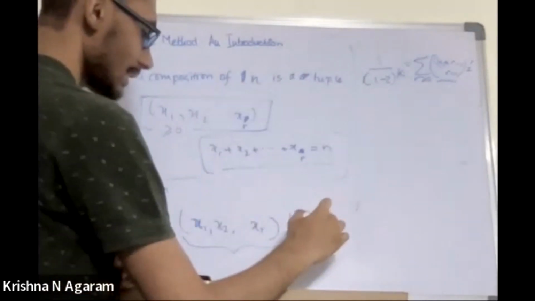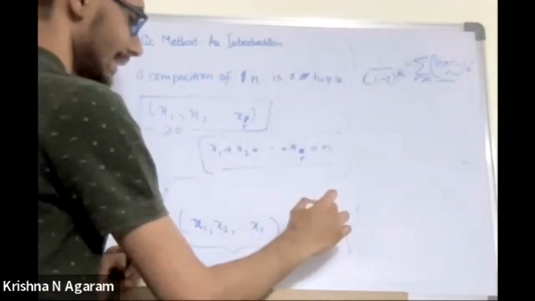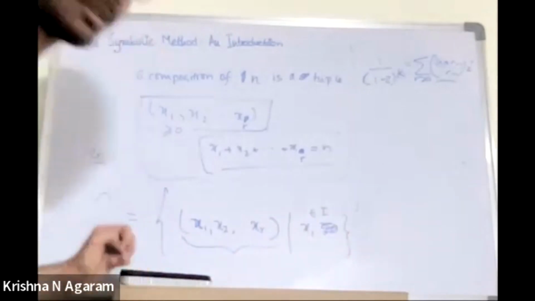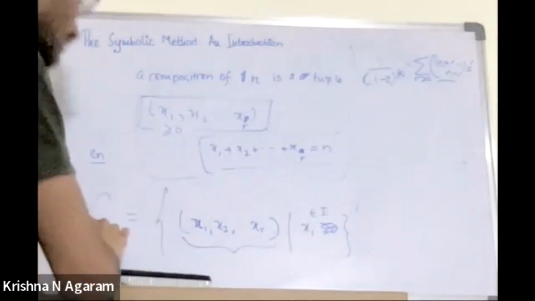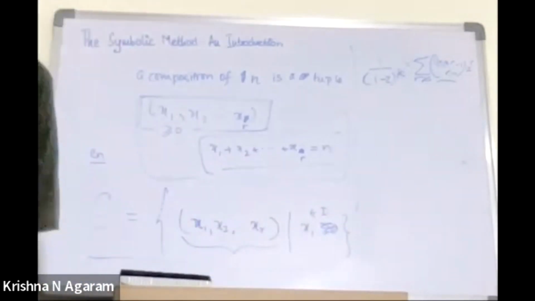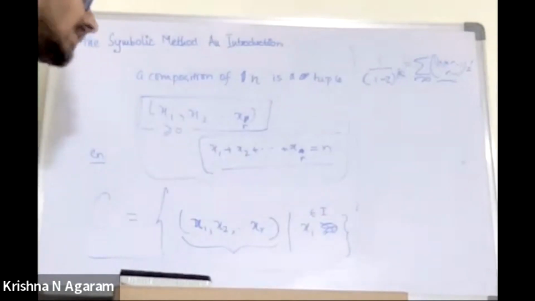So it's just this, such that each xi is greater than or equal to 0, or it's in that I class, which we already found before. Correct? Set of non-negative integers. So this is the set of all compositions. We're only interested in the compositions that have size n.